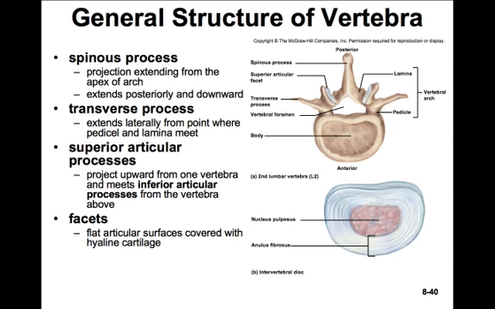They're called processes because they're extensions, and they're also called facets because they are an articular surface. They're covered with hyaline cartilage, so they slip around on each other pretty nicely. Between each vertebra, we see one of these intervertebral discs. That allows the body to articulate with the body of the next vertebra in line.